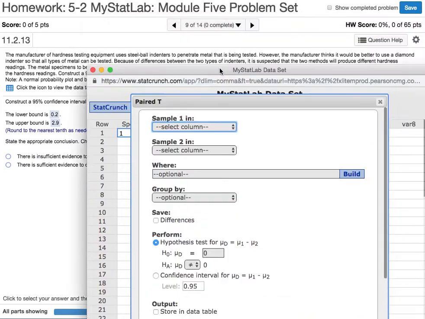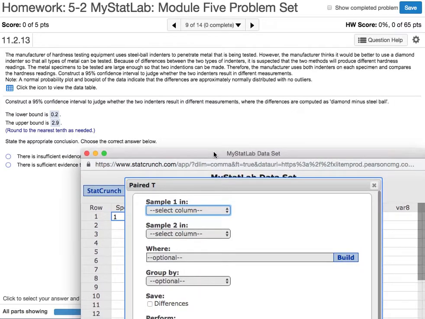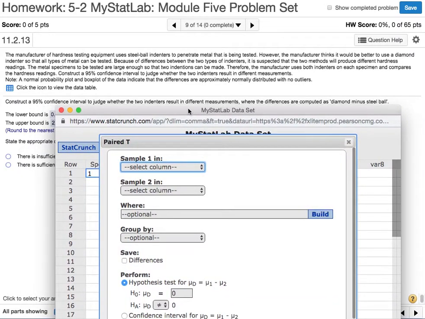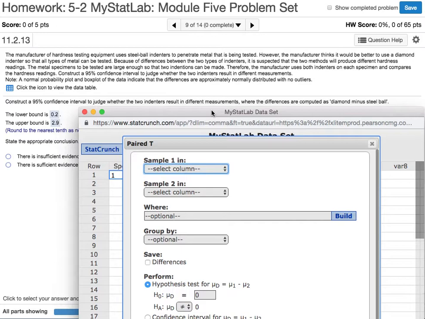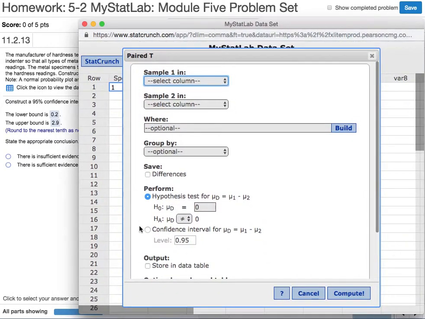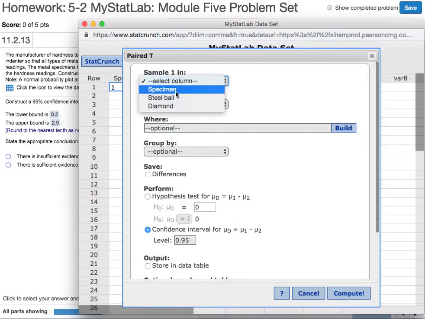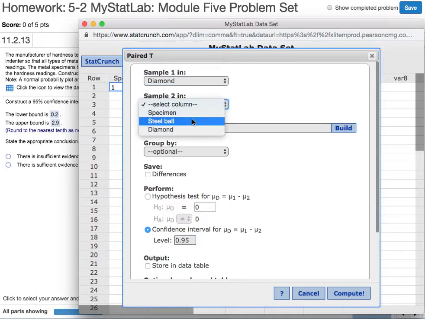Now this is the tricky part. Here it tells us we have diamond minus steel ball. Now we're going to be doing a confidence interval, so diamond minus steel ball. So mu1 sample needs to be diamond and then minus steel ball.